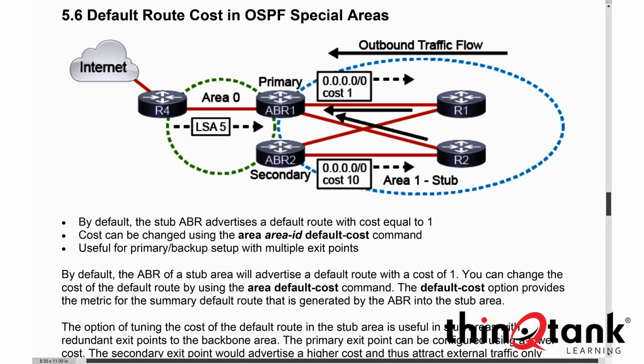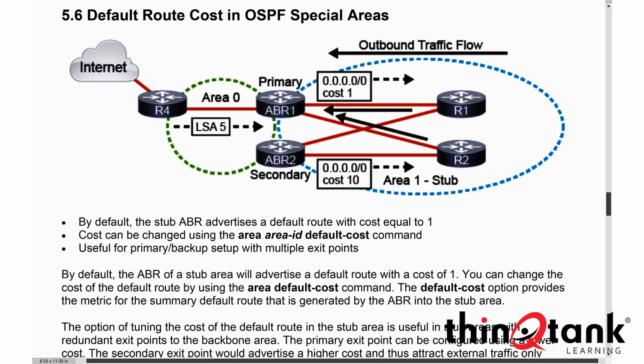Now, this route will be injected as a summary route, type 3 OIA route, being that this is a stub area. And as such, the cost of the links will be cumulative along with whatever the initial seed metric is for the cost of the default route. But we may want to influence that cost by artificially setting the cost of one of those default routes to a higher value than the other default route to influence which ABR we're going to use to leave the area.